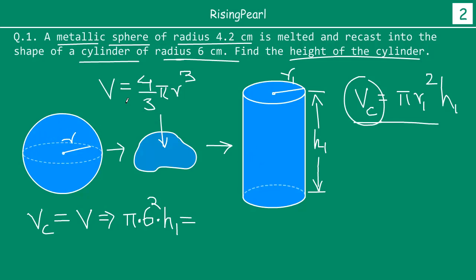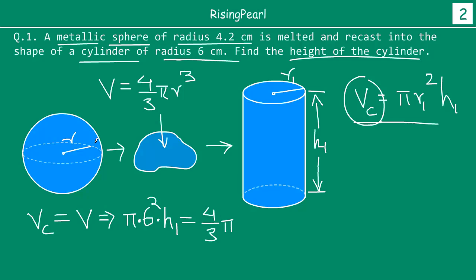So this must be equal to 4 by 3 pi r cube. Now remember, it's important to understand that this r is not equal to this r, because this is the radius of the new object. It has nothing to do with the radius of the initial object which was melted.